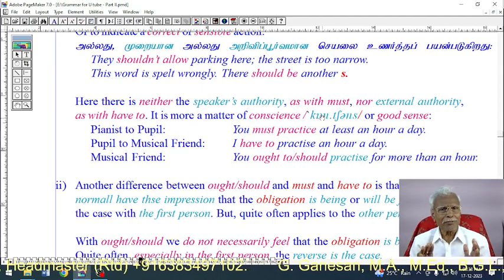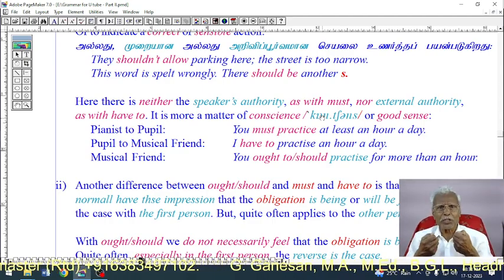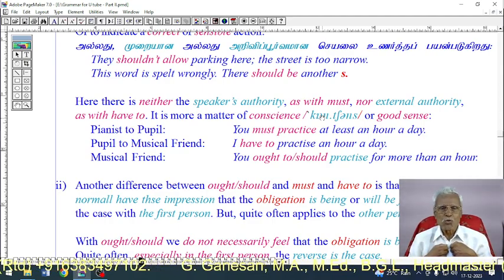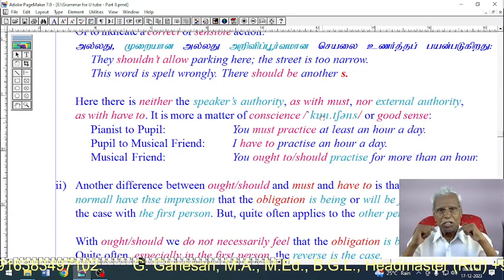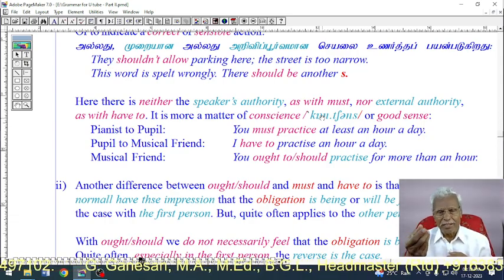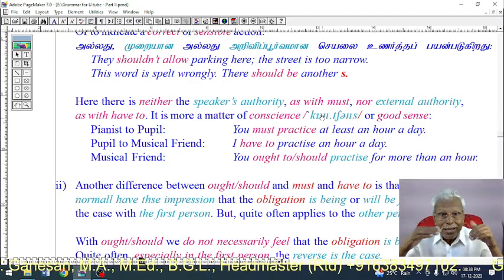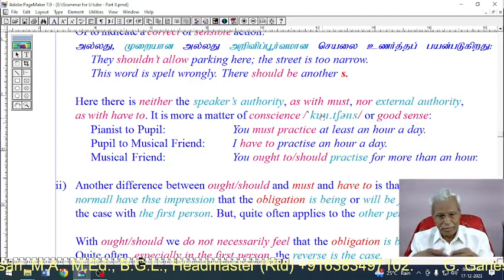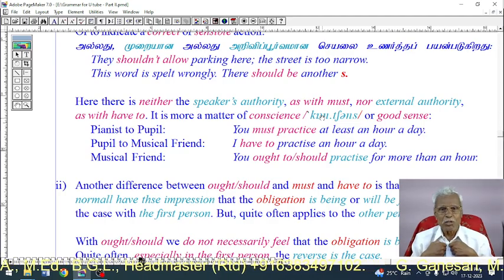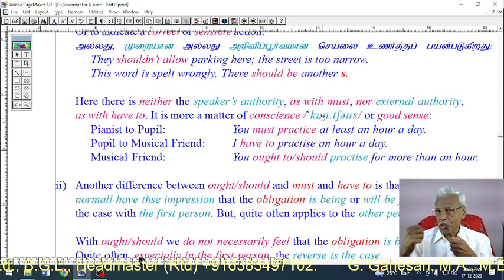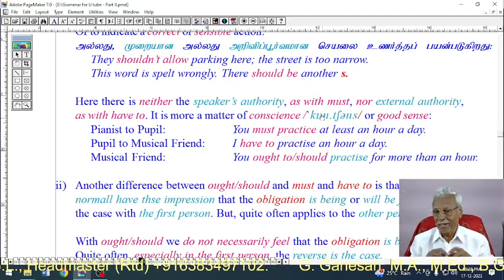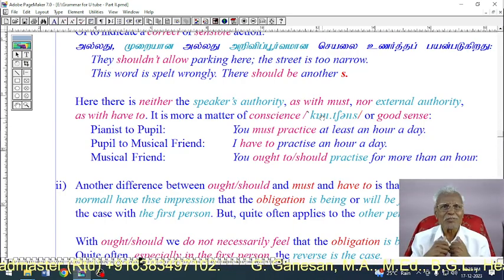Now what are we doing? You are simply receiving the sounds from the speaker and repeating them as a parrot prattles. The parrot receives what other people speak and repeats it. Like that we are doing.